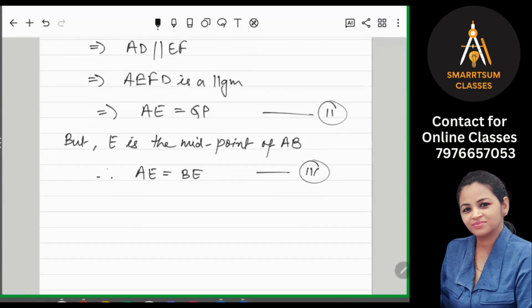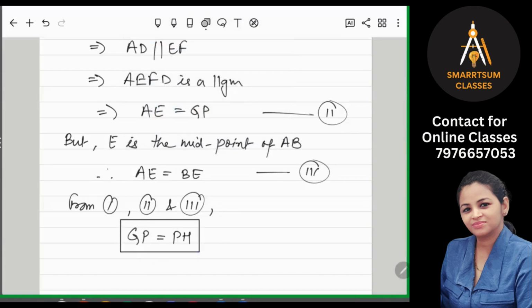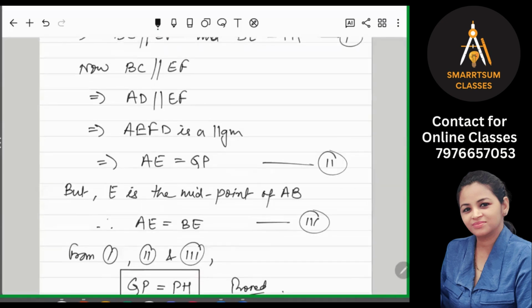Now from 1, 2, and 3, we can say that GP is equal to PH, right? So we have proved that GP is equal to PH using these 3 equations. And hence we have proved this. I hope you're getting this.